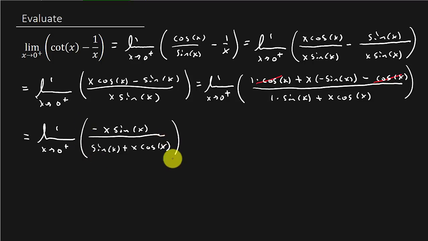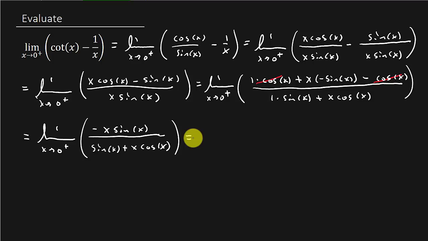Now let's plug the 0 in. That's going to give us negative 0 times sine of 0 over sine of 0 plus 0 times cosine 0. So this is just 0 in the numerator. Oh, and look at this, we get 0 in the denominator again. So what to do? Well, let's apply L'Hopital's rule again.